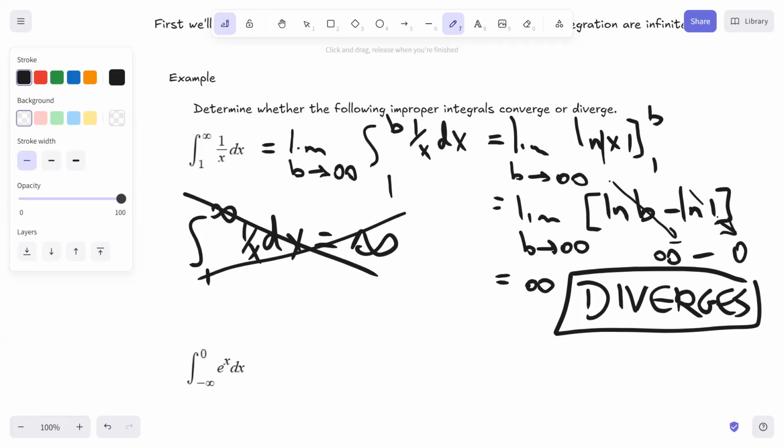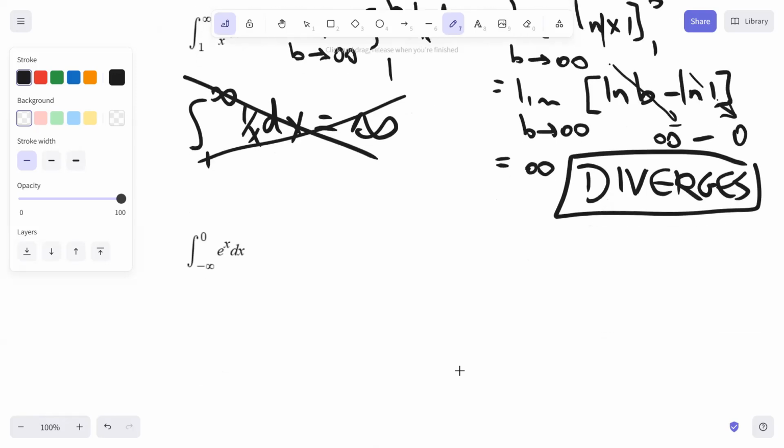Let's take a peek at this next example. We have the integral from negative infinity to 0 of e to the x. We would rewrite this as the limit as a approaches negative infinity of the integral from a to 0 of e to the x dx.